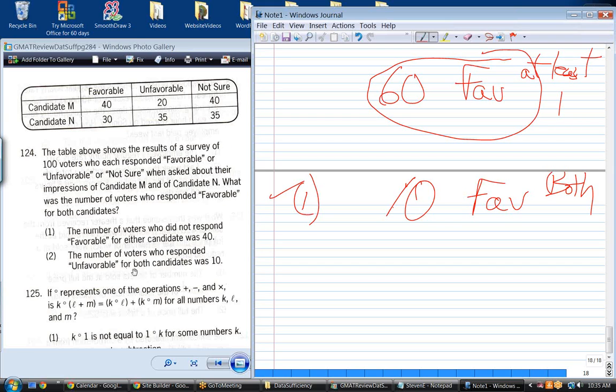Let's see, because we know exactly 10 people voted in common here, which means there had to be 45 people who voted 1 unfavorable, which says nothing about whether they did the not sure or the favorable of the rest of them. At this point, I'm going with A and moving on.